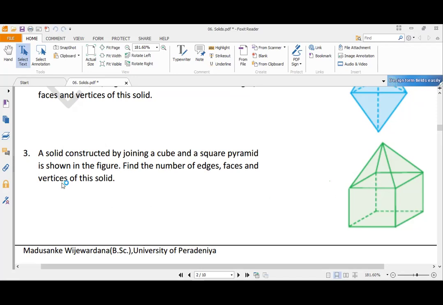I will give you 2 minutes to send me the answers for the number of edges, number of faces, and number of vertices in this solid. You need to count how many faces, how many vertices, how many edges are there. I will give you 2 minutes.